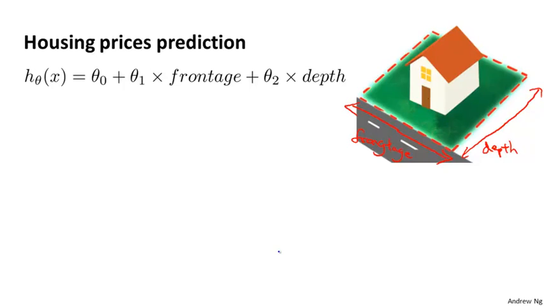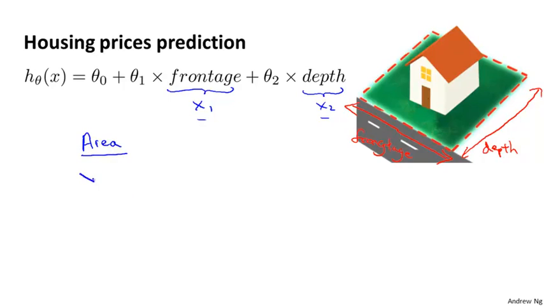You might build a linear regression model like this, where frontage is your first feature x1 and depth is your second feature x2. But when you're applying linear regression, you don't necessarily have to use just the features x1 and x2 that you're given. What you can do is actually create new features by yourself. So if I want to predict the price of a house, what I might do instead is decide that what really determines the size of a house is the land area that I own.